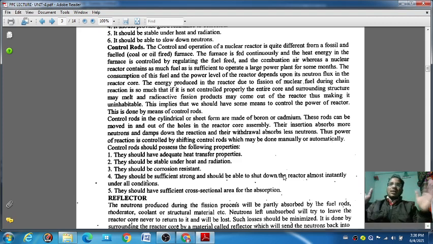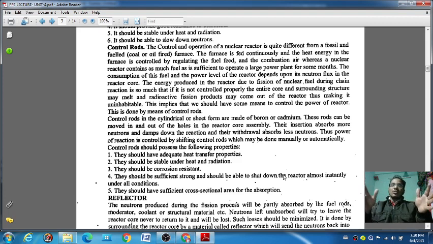While the reactor process is going on, the chemicals are mixing and the work is going on in the reactor. Sometimes we have to stop that work, or sometimes we have to control the heat energy. With the help of the control rods we can control that, and the control rods are inside the reactor.